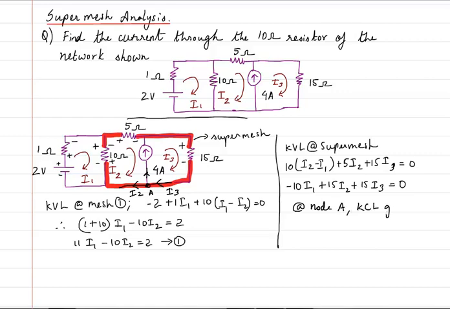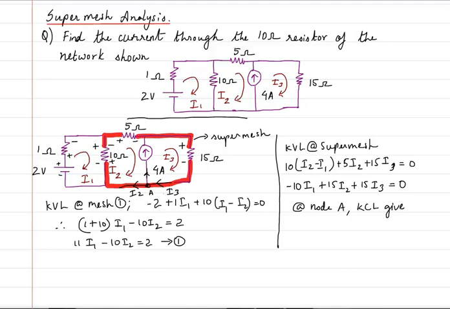KCL gives. So I am using Kirchhoff's current law. What is Kirchhoff's current law saying? At a junction, the sum of all currents should be equal to 0. And what is the rule that we have for KCL? Incoming current is always positive. Incoming to the junction is always going to be positive. So that thing I have to take care of.